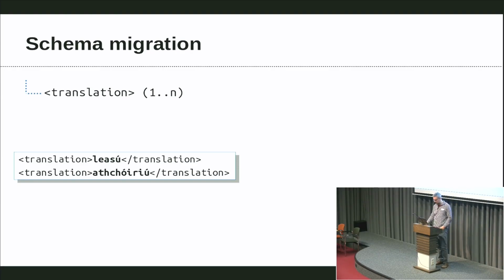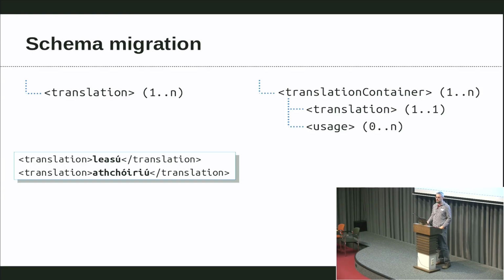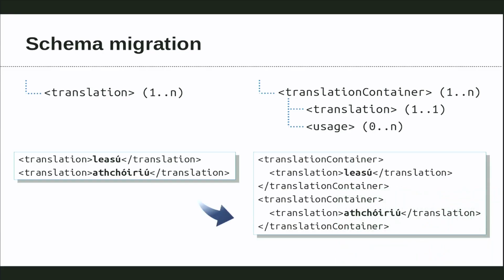And then management decides that they want to be able to change the schema so that you can associate different kinds of labels with the translations, part of speech labels, usage labels, and so on. So you change the schema like this, you matryoshkize it, okay? And what has now happened is that your pre-existing entries are now invalid. So you need to write a schema migration script in order to migrate the entries from the old schema into the new schema, to do something like this.